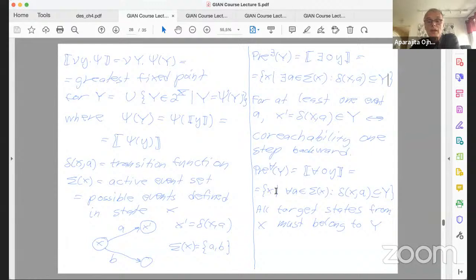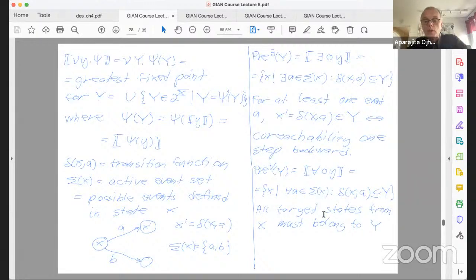For all, it's a bit more critical because then the demand is higher, namely that this delta of x comma A being a subset of Y must be satisfied for all active events in sigma of x.